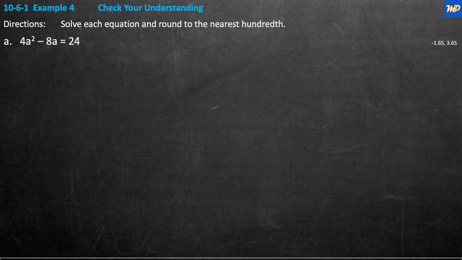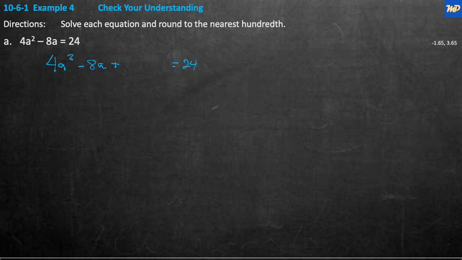So right off the bat, I'm going to rewrite this, like I did the other one. I'm going to say 4a squared minus 8a plus, and I'm going to leave a big space, equals 24. And now I'm going to do two things.